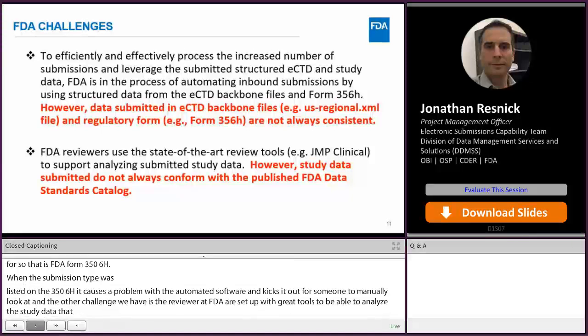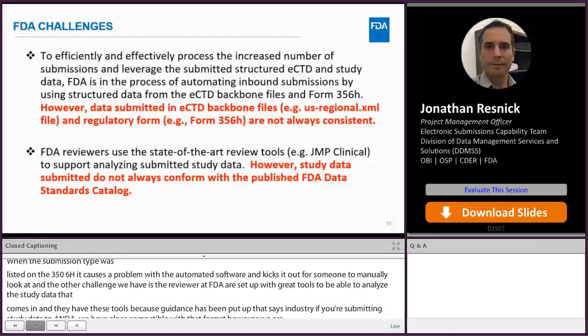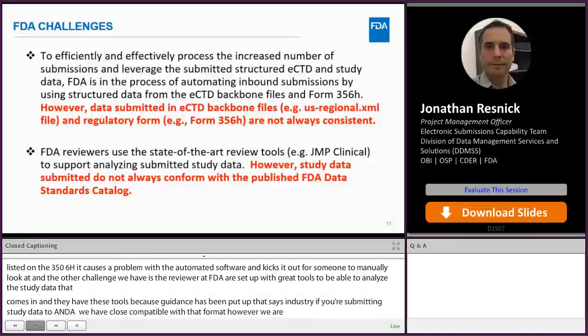So we have these tools that are compatible with that format. However, we're still seeing a lot of studies come in that are not using the format that FDA has specified. And when that happens, these tools are kind of crippled with what they can do. They either can't be used on the study data or they can sort of be used, but it makes the whole process less efficient.